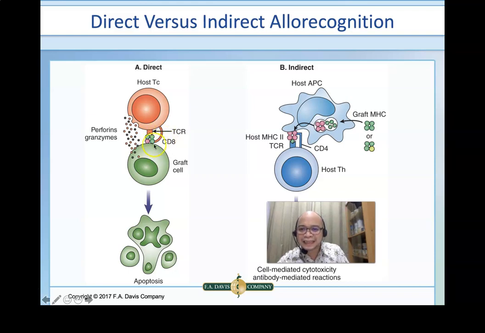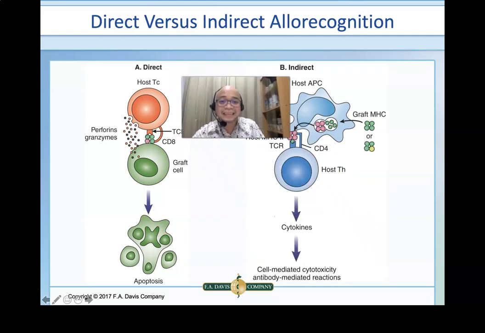So what will happen is that the host cytotoxic T cell will destroy the foreign cell. First, perforin, which will create pores, and then granzyme, and this will cause apoptosis, meaning programmed cell death, of the donor kidney cell, for example, if it's a kidney.